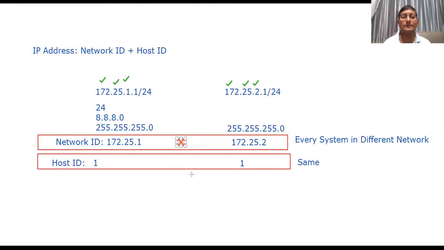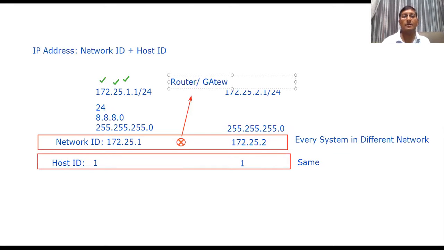Both are unable to communicate, so to allow communication you should have a router. A router or gateway will allow communication.